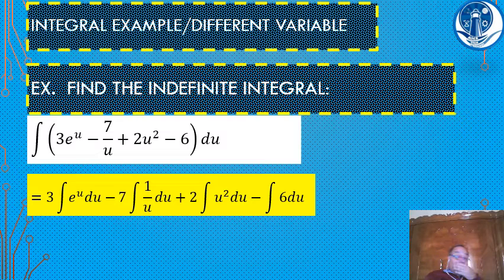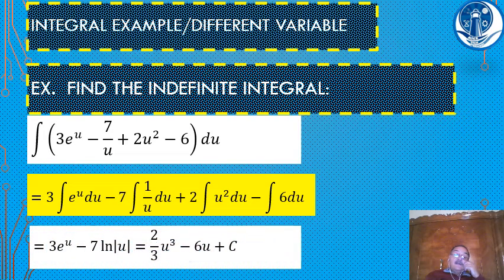Here is the integration of each one as the sum of functions: 3e power u, minus 7 ln u, plus 2 over 3 u cubed, sorry, this is plus, minus 6u.